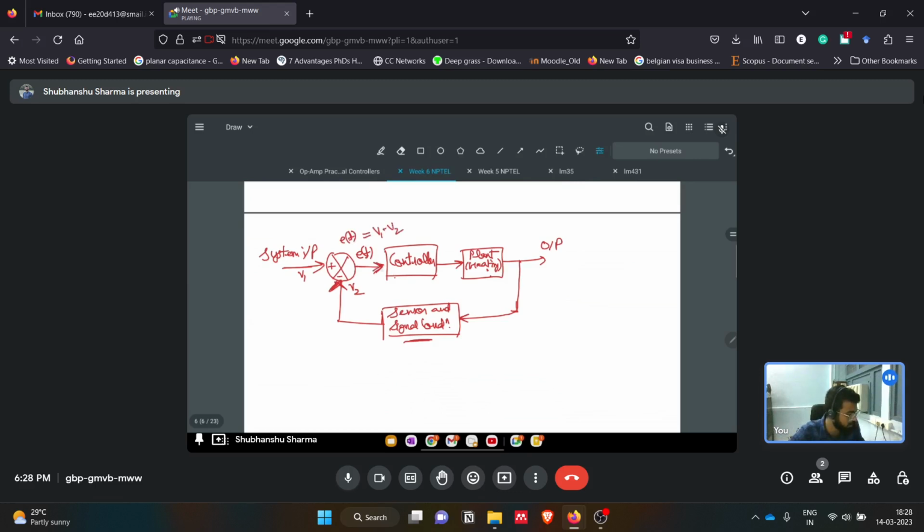The error will go into the controller, and based on the error value and the type of controller, it will generate some output, and that output will be given to the heating plant, and based on that input from the controller, the heating plant will control its action accordingly. Again some output will be generated, and again it will be fed back, and it will keep on going and maintain stability as long as this E of t, the error, is in a certain required range.